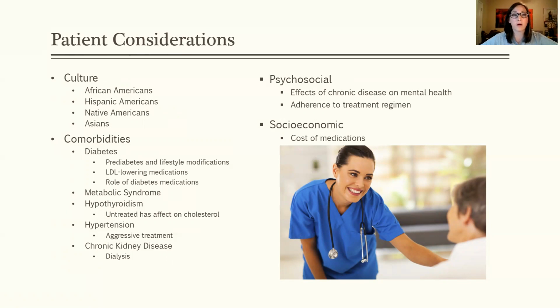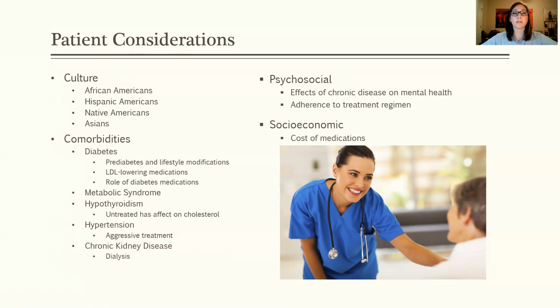There are cultural considerations, especially in African Americans, Hispanics, Native Americans, and Asians. With African Americans, they just have an overall higher prevalence of high blood pressure, obesity, smoking, and kidney disease.